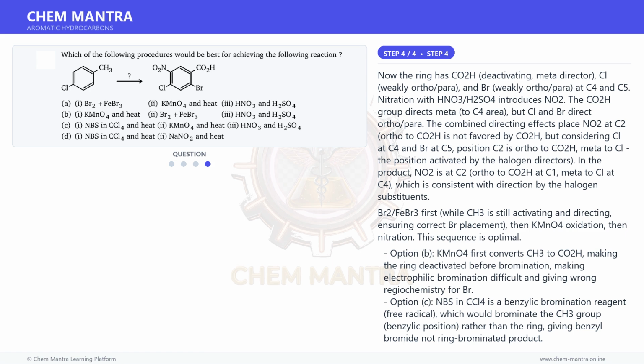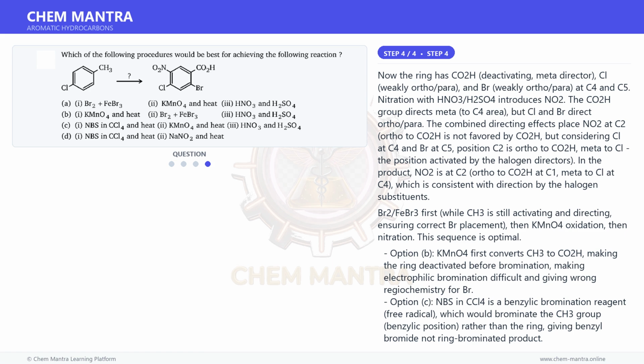Ortho to CO2H is not favored by CO2H, but considering Cl at C4 and Br at C5, position C2 is ortho to CO2H, meta to Cl, the position activated by the halogen directors. In the product, NO2 is at C2, ortho to CO2H at C1, meta to Cl at C4, which is consistent with direction by the halogen substituents.